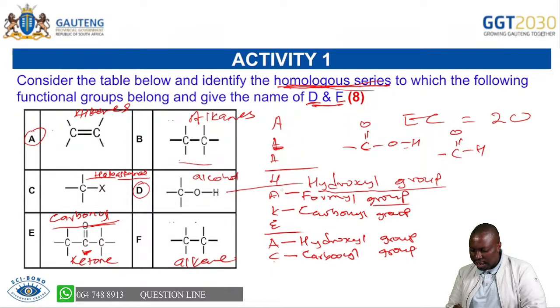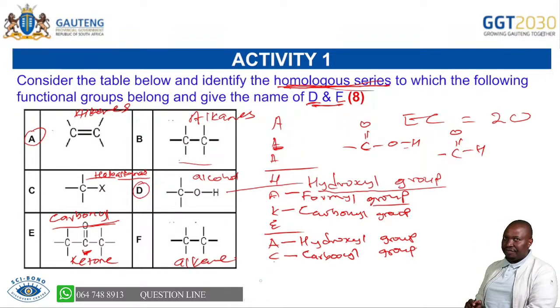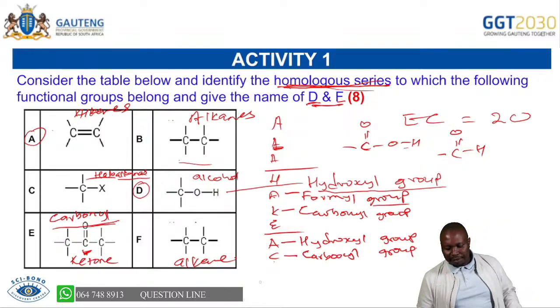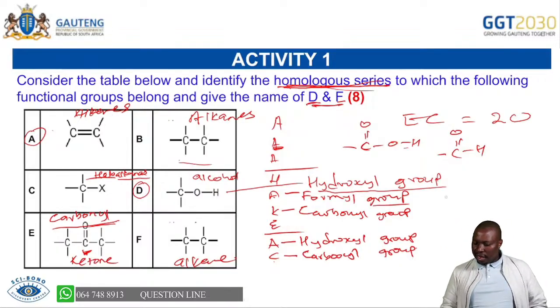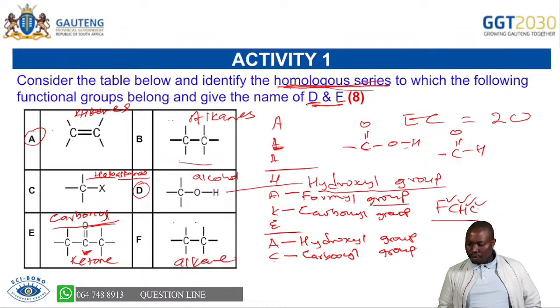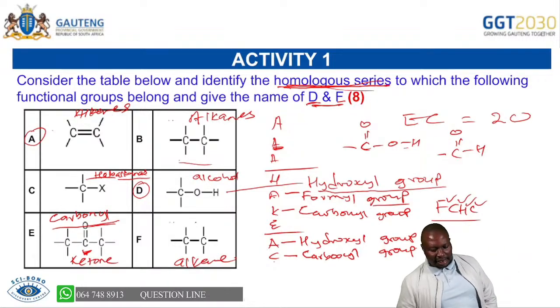So you're able to see that of the last 5, only esters we don't name, but the rest of the 4 we name them. So you know it's the formyl group, the carbonyl group, the hydroxyl group, and the carboxyl group. So it's 4 names there that you must know.